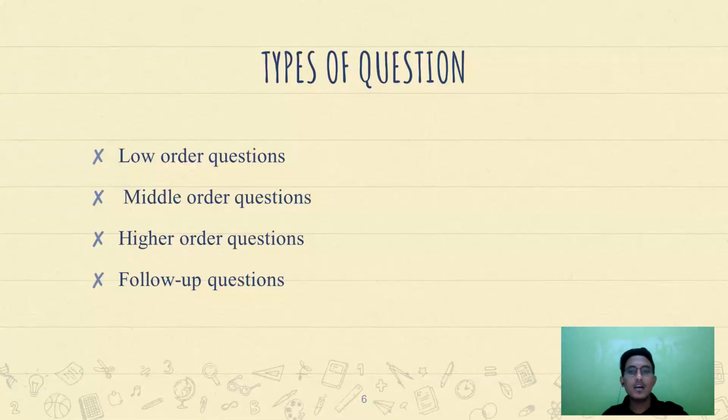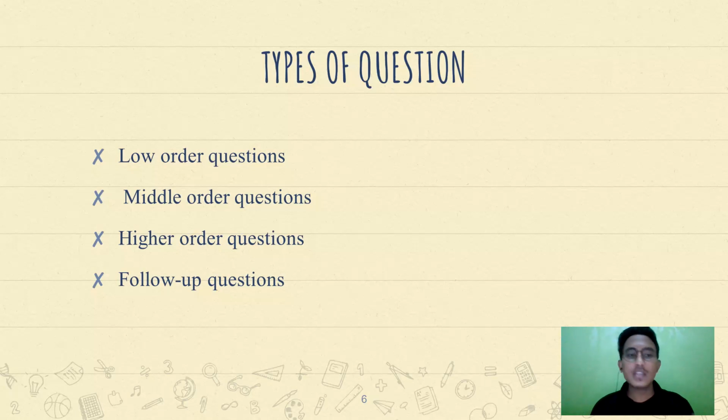Okay, the third sub material is types of questions. I'm sorry for the camera. In this type of question, many researchers have worked on the styles and types of questions.